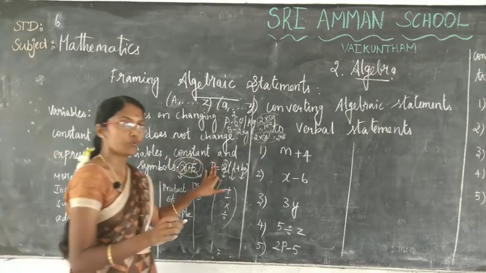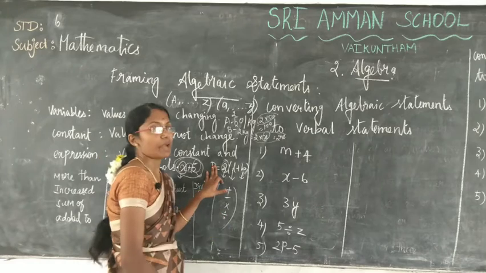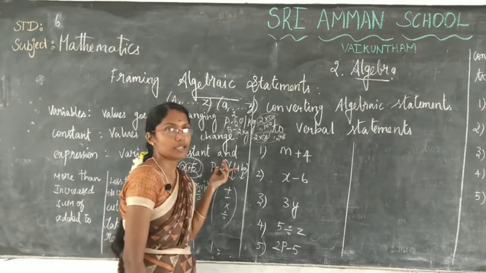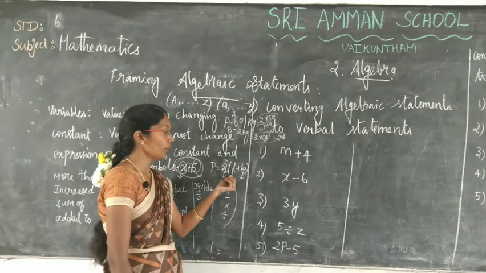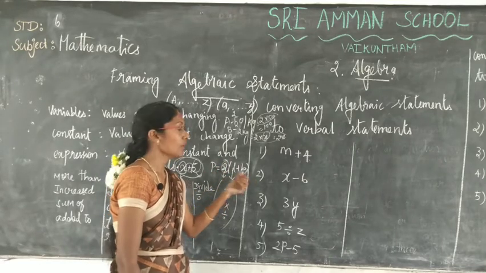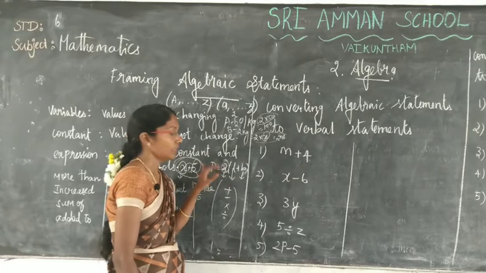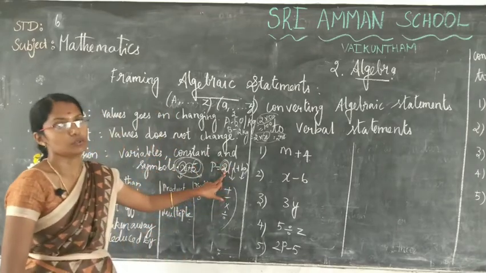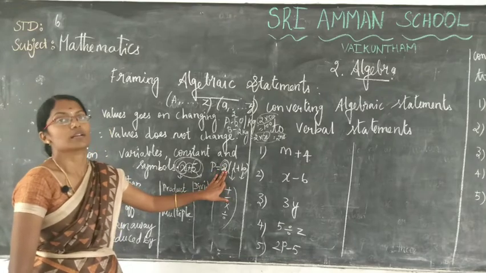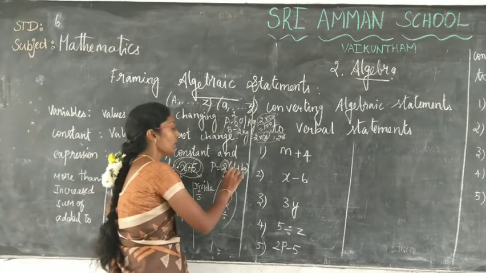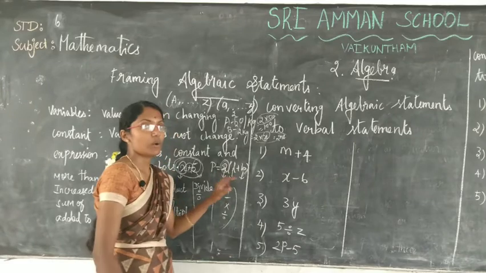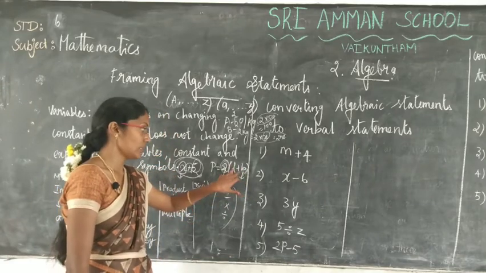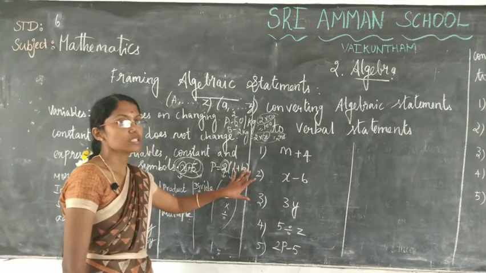Let us move to another example, to find the perimeter of a rectangle. What is the formula for the perimeter of a rectangle? P equals 2 into (L plus B). P is the perimeter. What is this 2? It is a constant value. It doesn't change anywhere. Next, L and B. L and B are length and breadth, so they are letters, that is, variables.